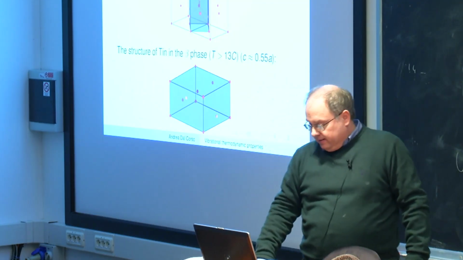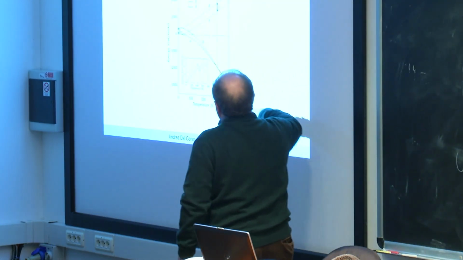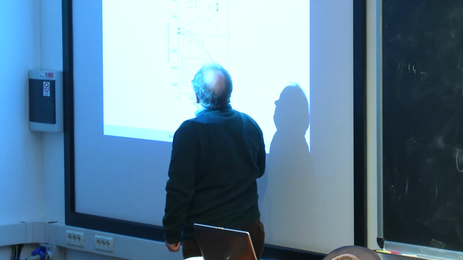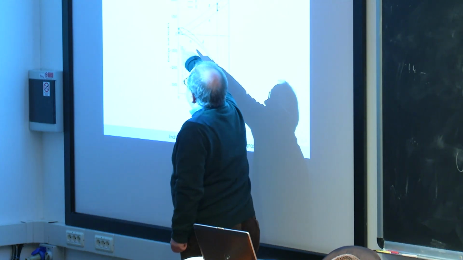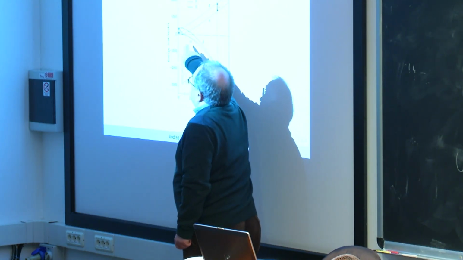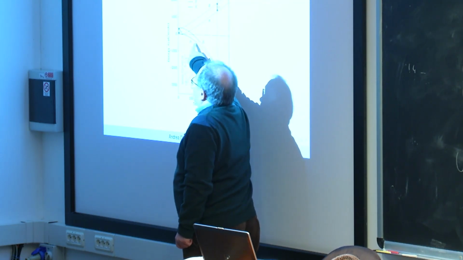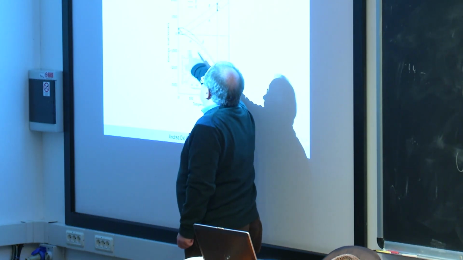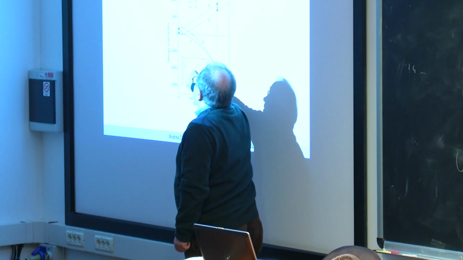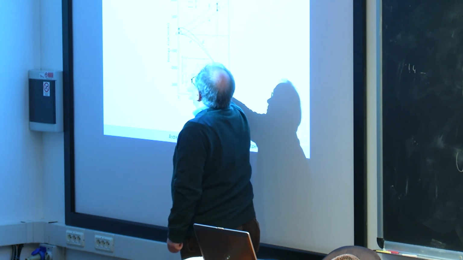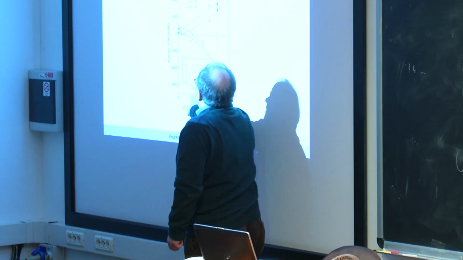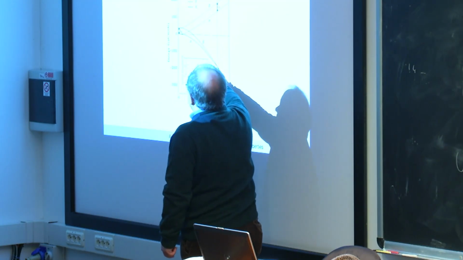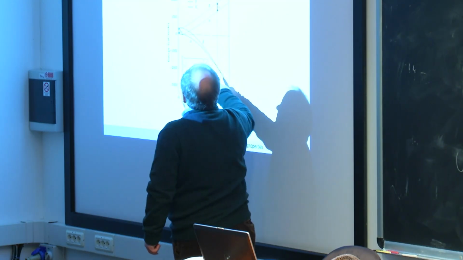So if you compare the free energy as a function of temperature of the beta phase and the alpha phase, you see that at zero temperature, the alpha phase has lower energy and is favored with respect to the beta phase. Then, since the entropy of beta tin increases faster than the entropy of alpha tin, as you increase the temperature, the free energy of beta tin at a certain temperature goes below the free energy of alpha tin.